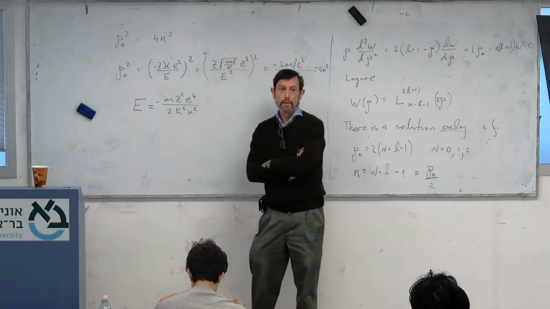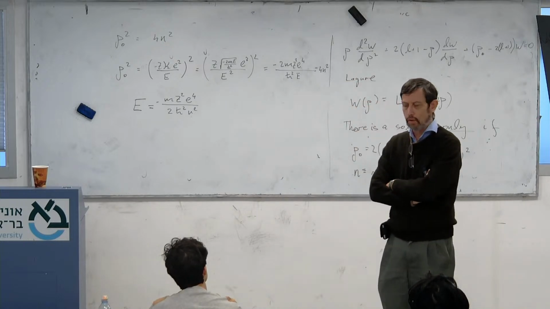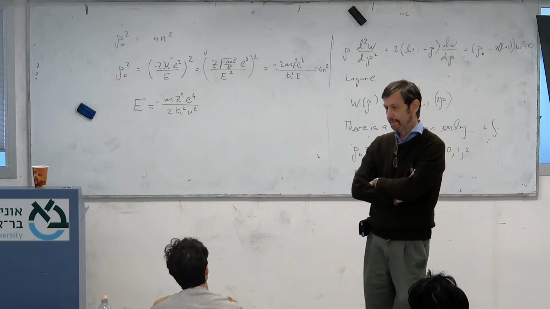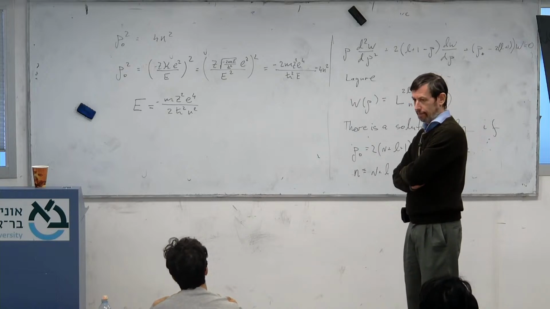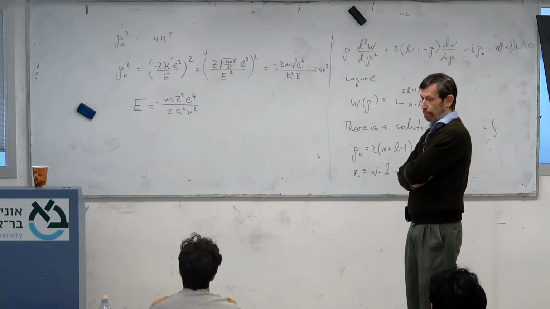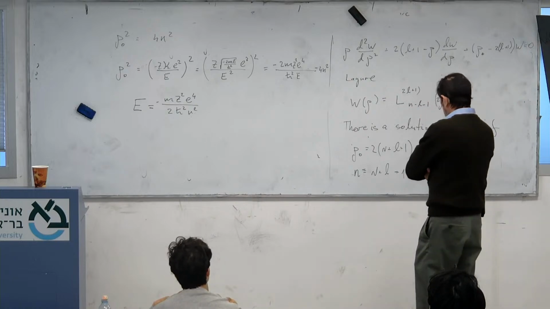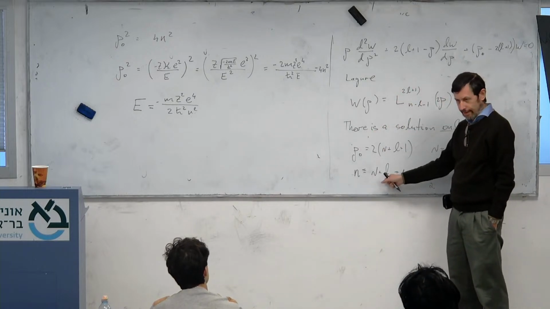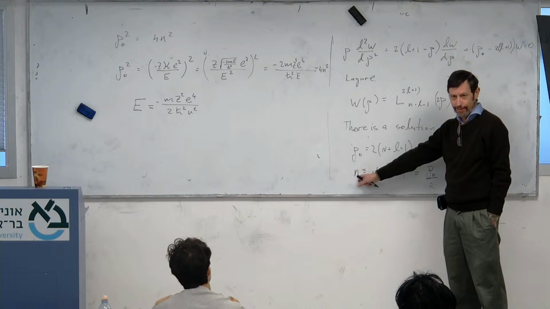First of all, the energy doesn't depend on neither L or M. Depends on the number N. It's not that N doesn't depend on L. But what happens here is that L will set a limit on N. Why?